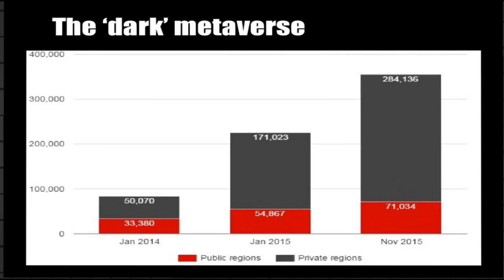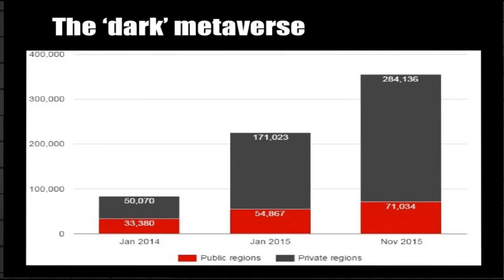I talked to hosting companies this week to get an estimate of what percentage of the grids they're hosting are in private mode. And right now it's looking like 4/5 of all grids are running in private mode. So we're looking at around 350,000 regions total in OpenSim.